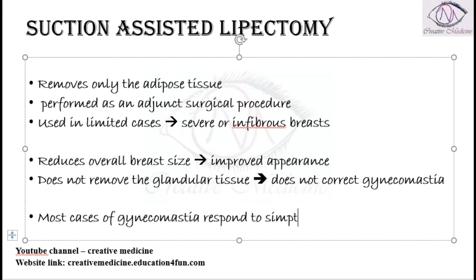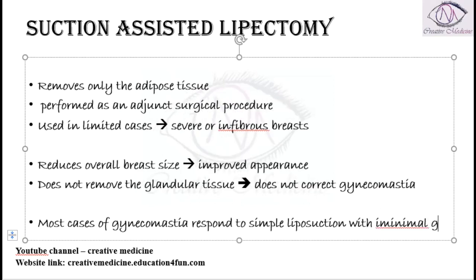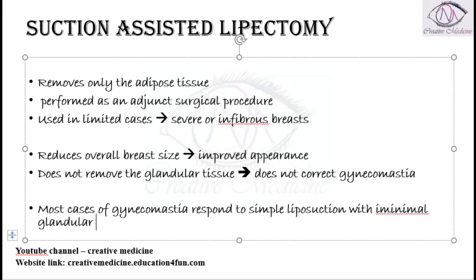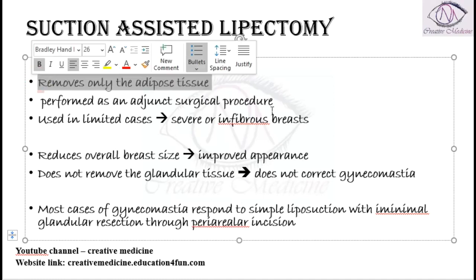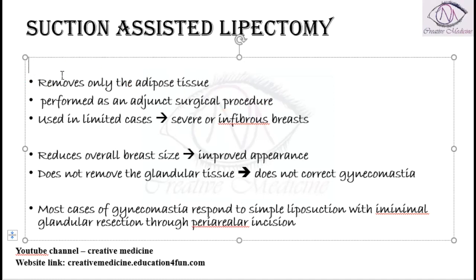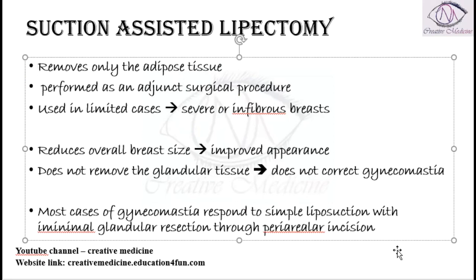With this simple liposuction, most of the cases will respond with minimal glandular resection. You can do a minimal glandular resection later through a periareolar incision. So what we actually do in gynecomastia is, first and foremost, we do suction lipectomy, or simple liposuction, and remove the adipose tissue.